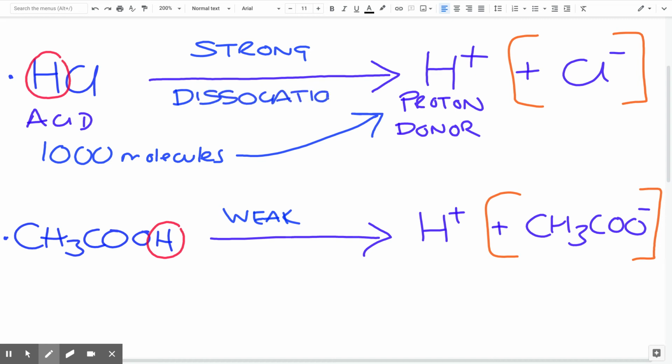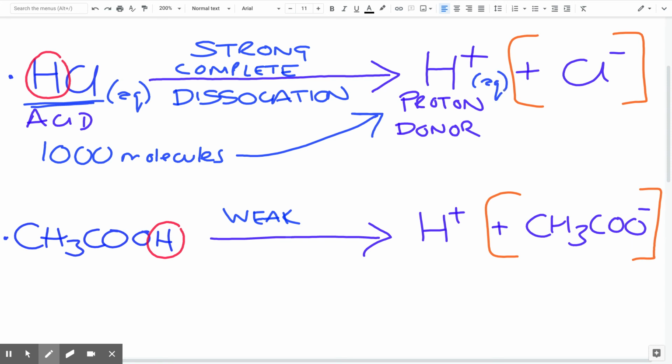How many of those molecules will dissociate to produce hydrogen ions? And the answer is all of them. We have what's called complete dissociation, i.e., every single HCl molecule which goes into water when it is dissolved completely dissociates, and every single one of them generates an H+ ion which is able to react.